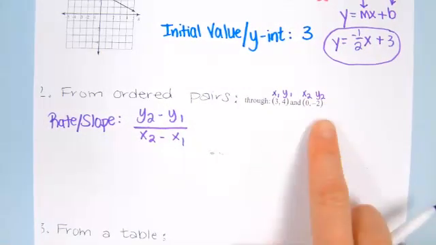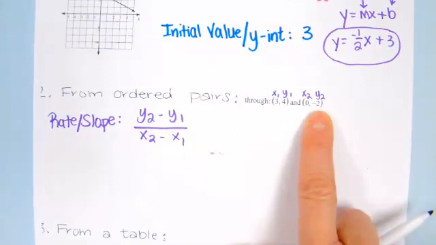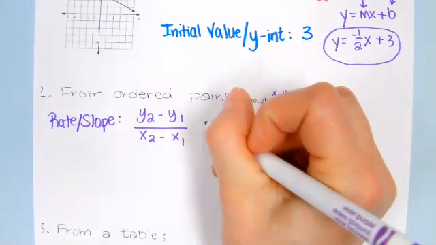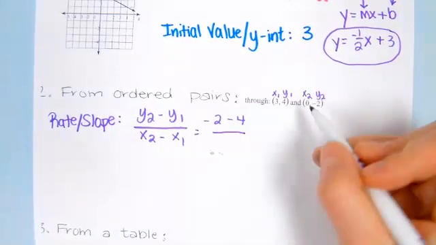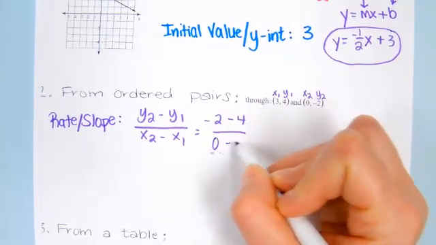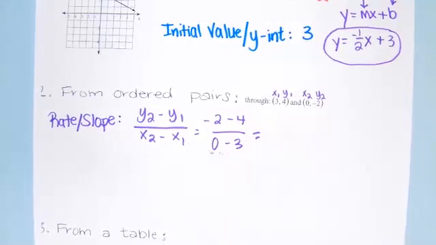So like we're going to start by subtracting -2 minus 4. And the bottom would be 0 minus 3. And then we're going to make sure we want to double check using our calculators to make sure we have the correct numerator and denominator here. Okay, so give me the answers when you type in -2 minus 4 on the top and 0 minus 3 on the bottom. Gabby, go.